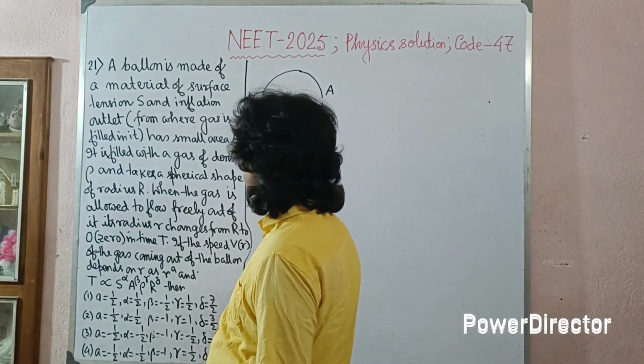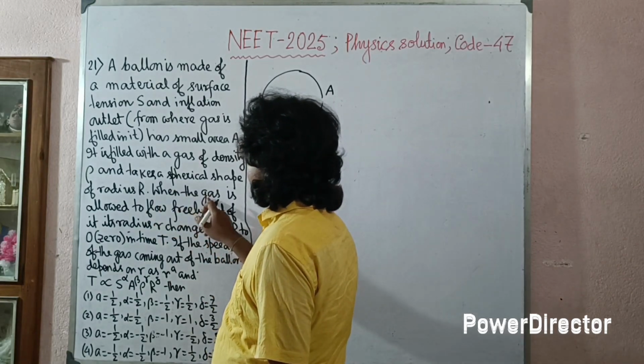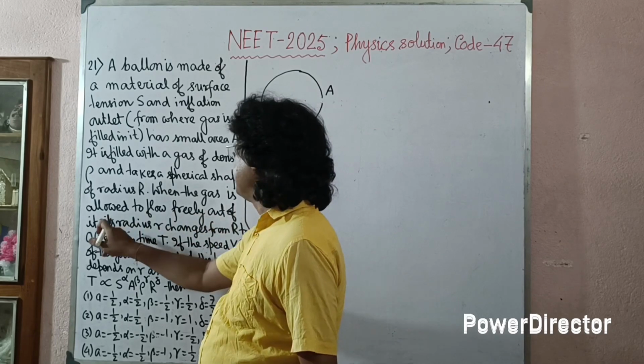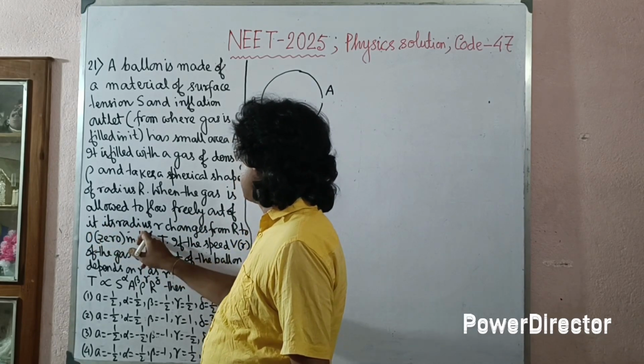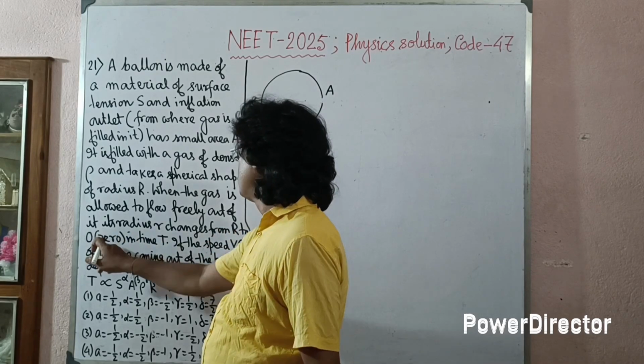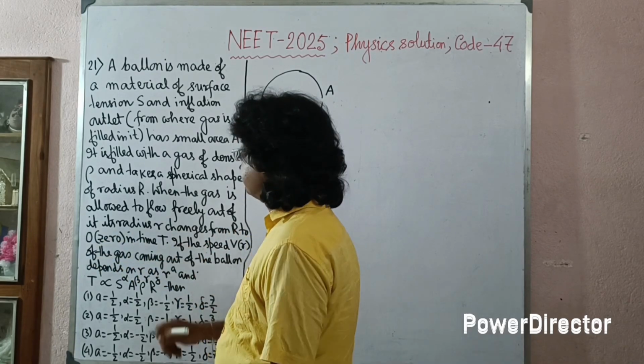Then when the gas is allowed to flow freely out of it, its radius small r changes from capital R to 0 in time t.